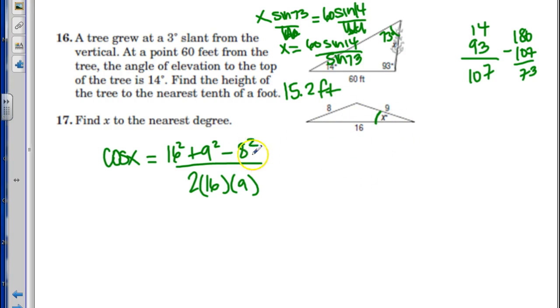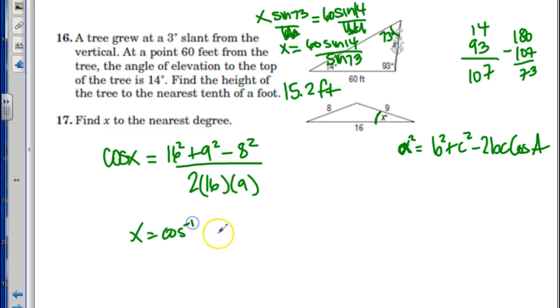And that's the only time you'll see it. So this goes back to a squared equals b squared plus c squared minus 2bc cosine a. Solving this for cosine a gives us a chance to just pop things in that formula. So that makes it kind of nice. All right, so cosine inverse of this mess.